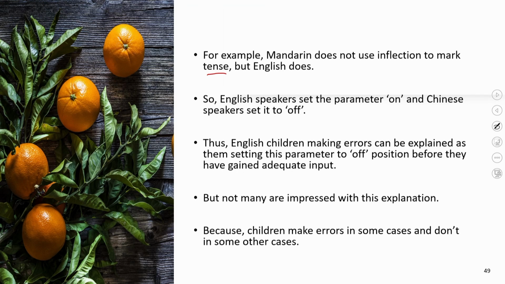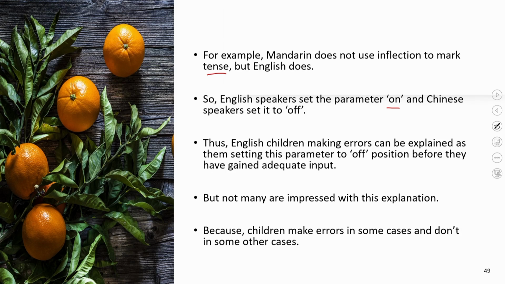So, English speakers set the parameter on the on mode. This understanding of tense and that property of having it marked on the verb will be switched on in the case of English, but in the case of Mandarin, the Chinese speakers will switch it off.